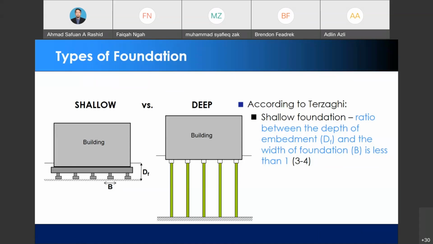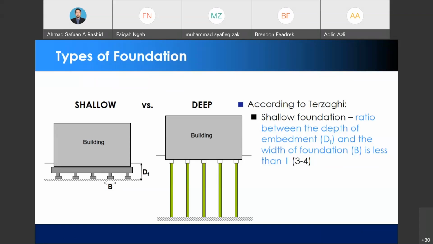Okay. So kalau untuk deep, it's better to design up to the end bearing. Okay. Tetapi kalau terlampau jauh, so it's better to design based on the friction. Okay. So perlu mungkin capacity of the number of the pile kena banyak lah.